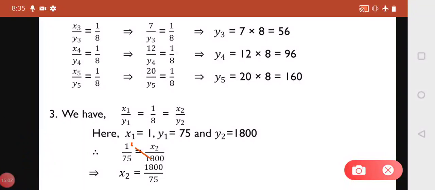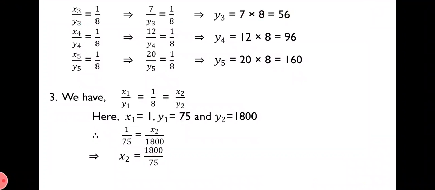So we get x2 equal to 1800 upon 75. When we reduce this fraction, we get x2 equal to 24. So for 1800 milliliters of base, 24 red pigment parts are required to make the paint.